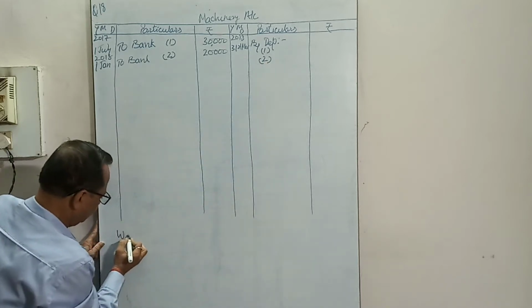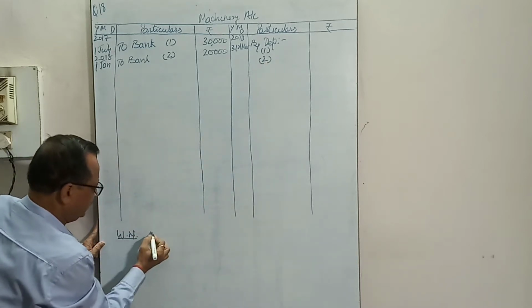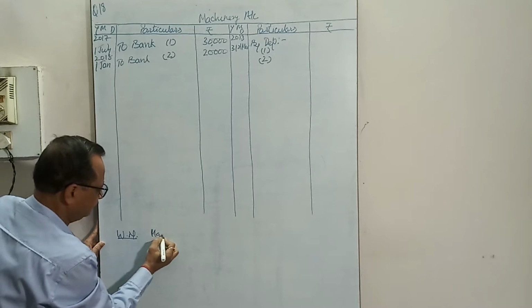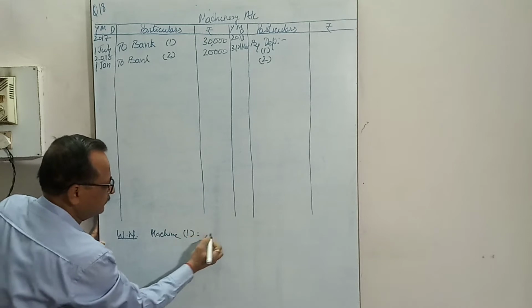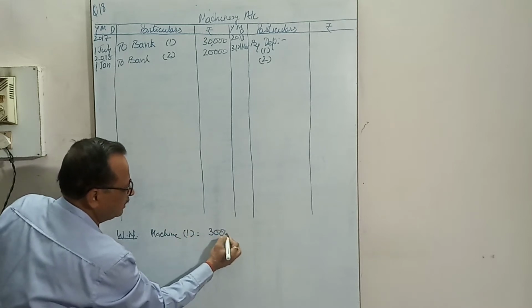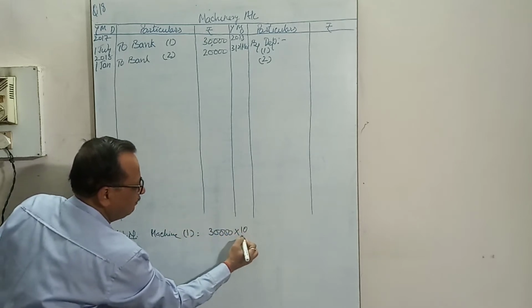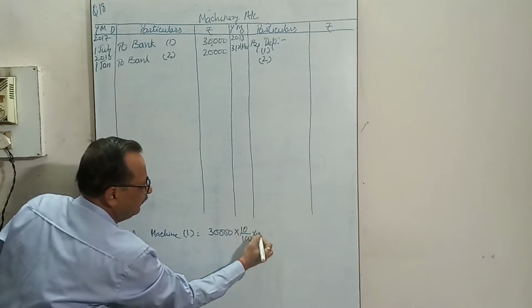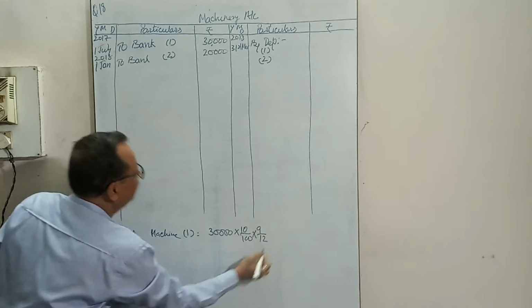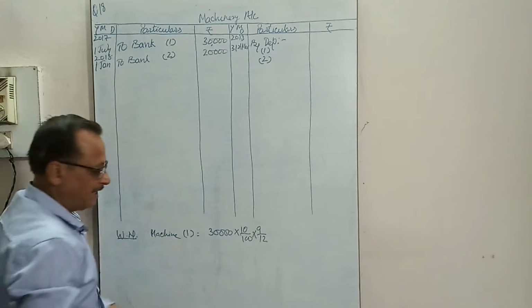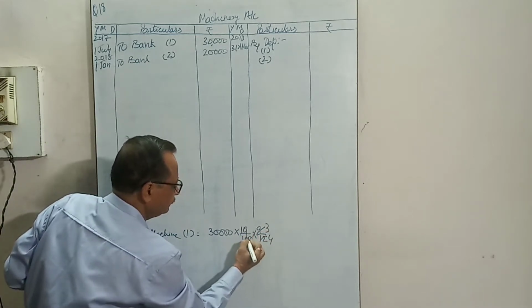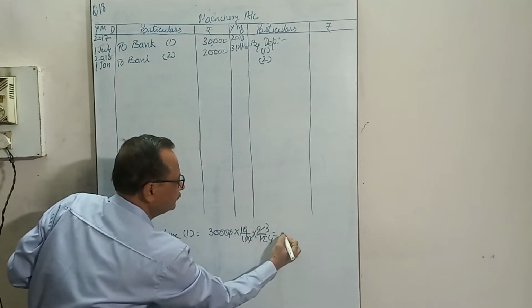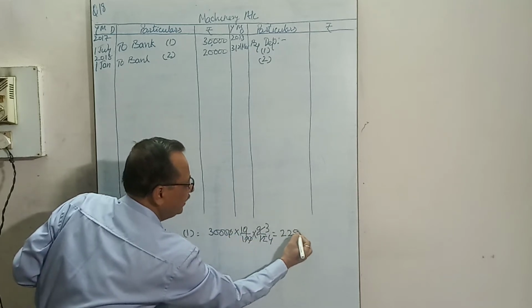See the working note. Machine number 1: on 30,000 rupees at the rate of 10% per annum for 9 months from 1st July to 31st March 2018, this is 2,250.